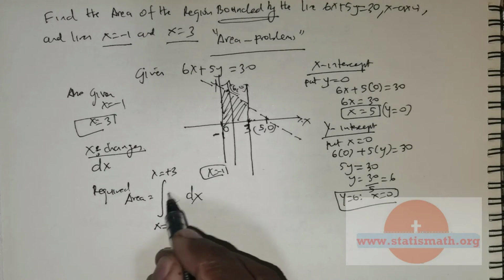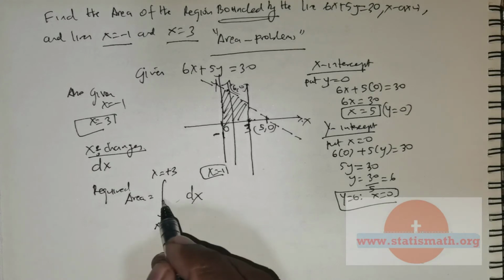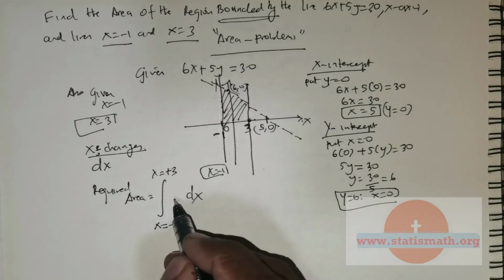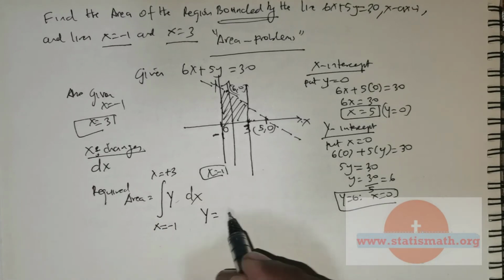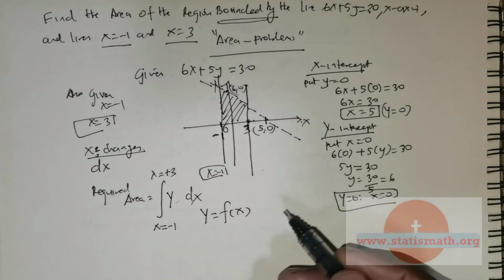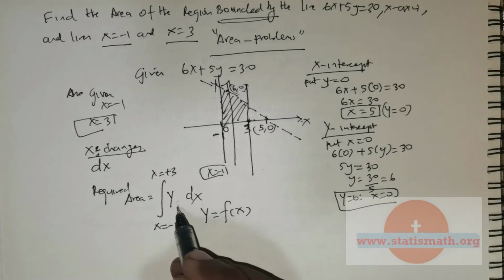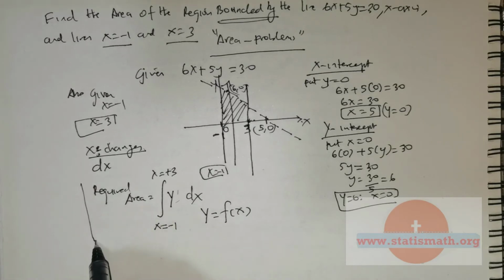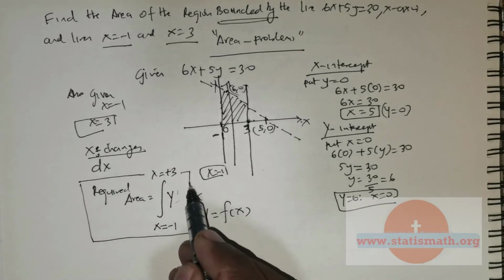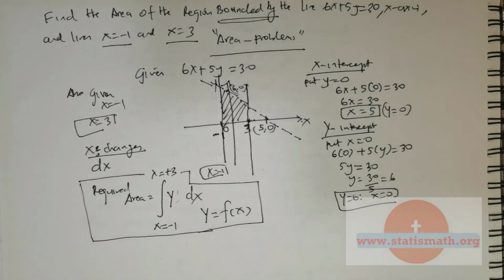Inside this integral, between the integral sign and the differential operator, you should only have y. Why do I say y? We know that y gives us a function of x. Only if you have a function of x inside, you can integrate. That is how you find the required formula.